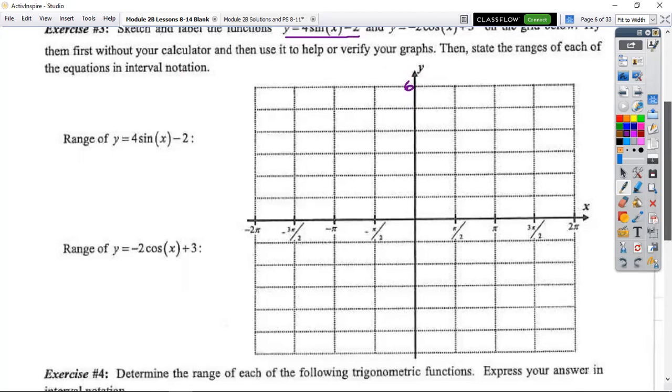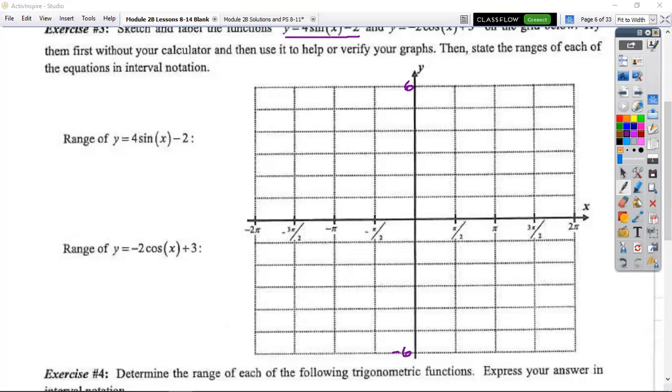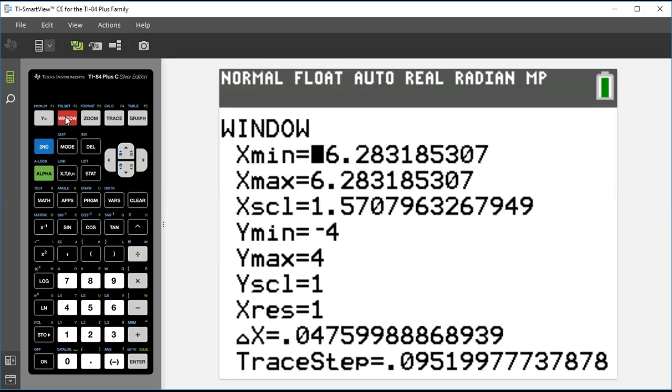And then the next one, this goes down to must be -6. Okay, so we're going to slightly change our window just so that everything fits here. So I'm going to go back to the window and change it from 6 to -6. So window, I'm not going to change any of the x's, but the y min I got to change to -6, and +6.